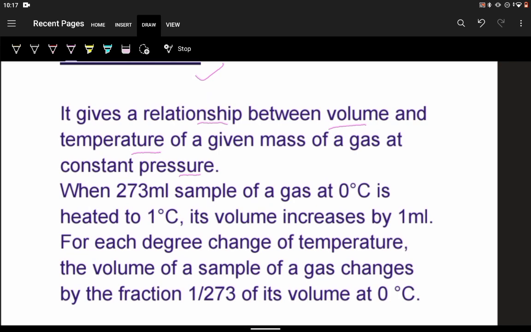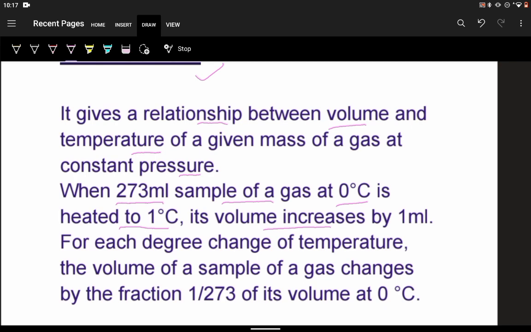Now we can take one example. Let's say there is 273 ml of a gas. This is a sample of a gas. The temperature is 0 degree C. This gas is heated to 1 degree C, and it is found that its volume increases by 1 ml. The increase in volume is 1 ml.